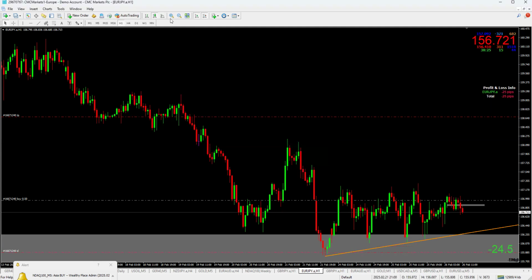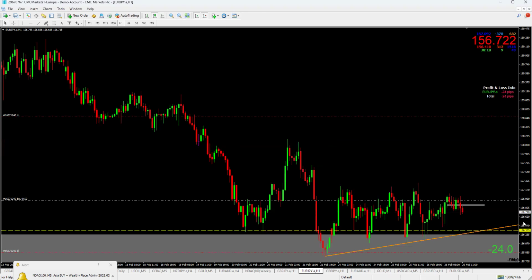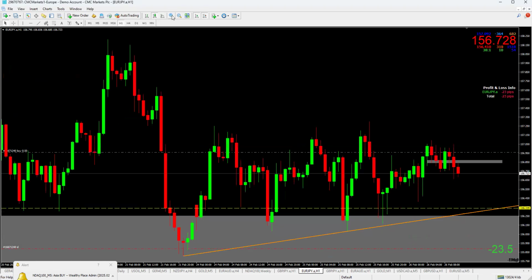So you can see that's where my stop loss is. The funny thing with this MT4 is when you change time frames, all the lines you drew go away. But anyway, that's basically what I'm looking at.